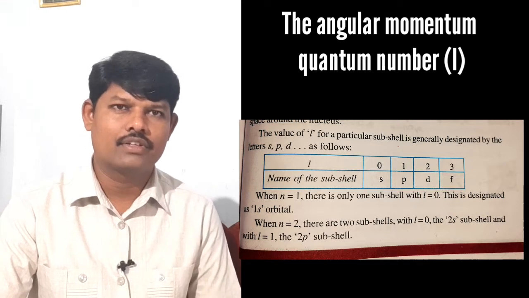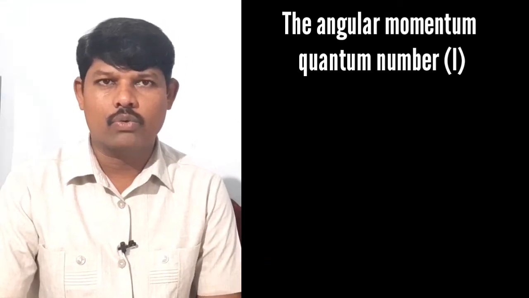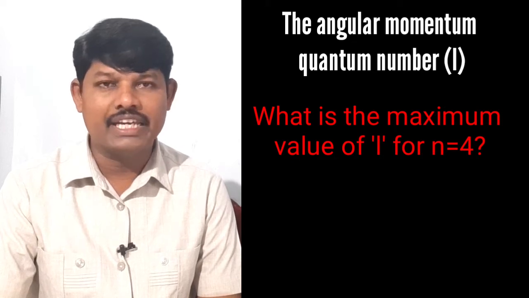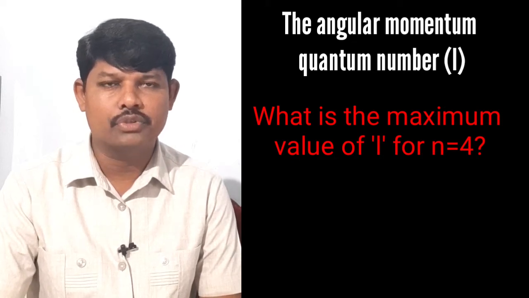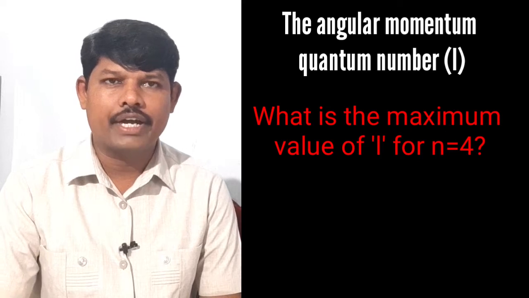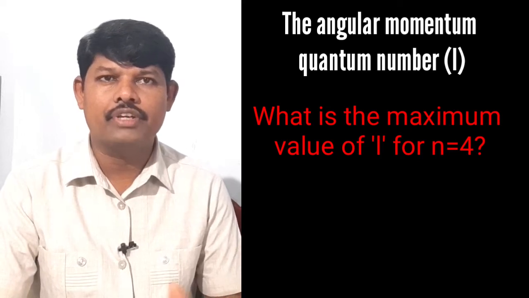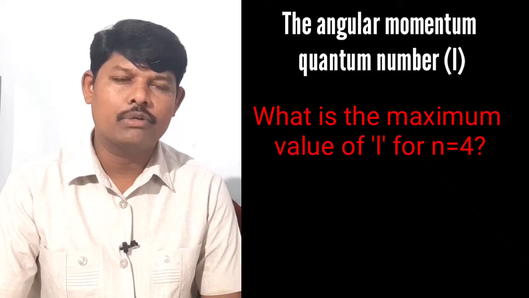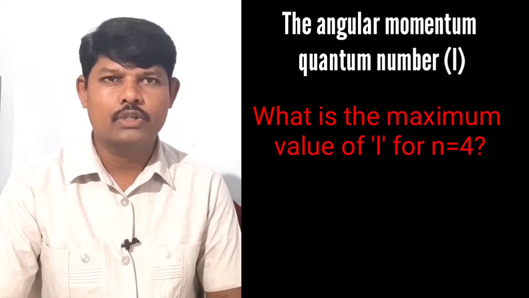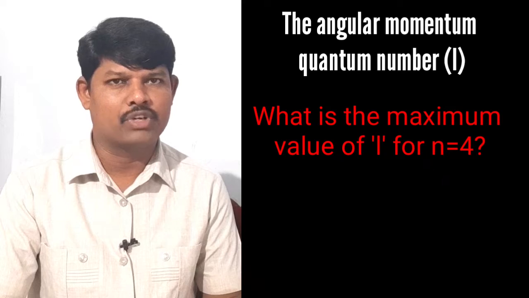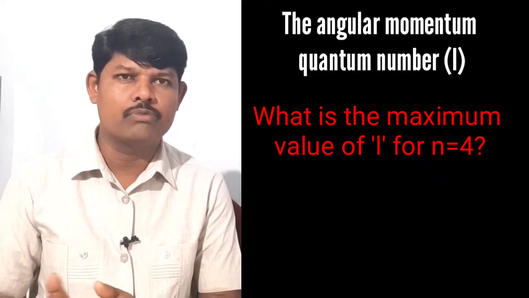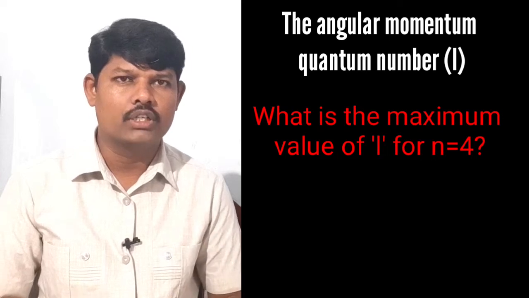Here we have one question. What is the maximum value of l for n is equal to 4? What is the formula to find the l values? 0 to n minus 1. So l values we find starting from 0, 1, 2, 3, like that.